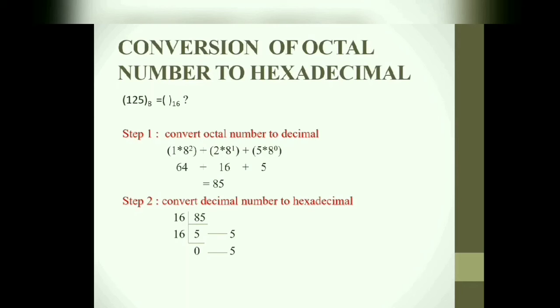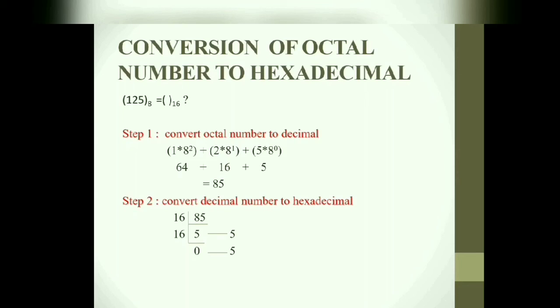The next one, octal to hexadecimal conversion. Here, this conversion needs 2 conversion methods. First, convert octal number to decimal number. Then again convert that decimal number into the hexadecimal number. So here 125 is an octal number.